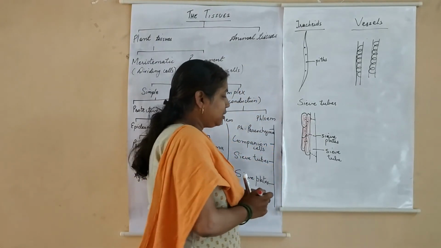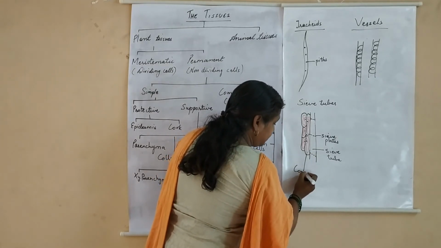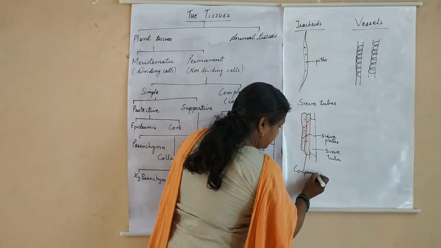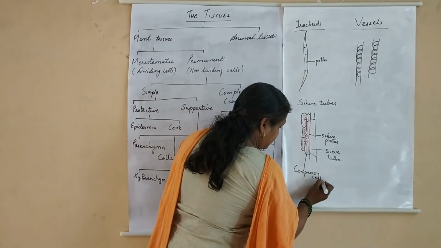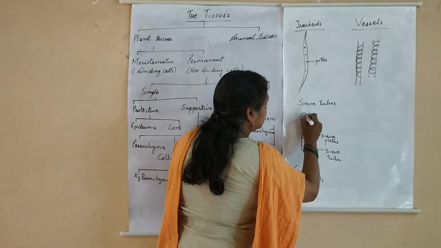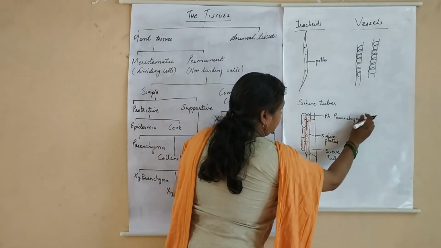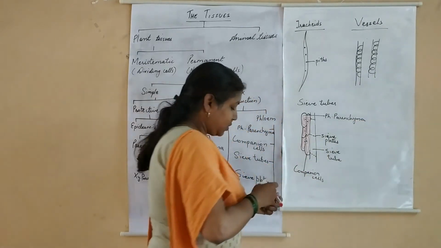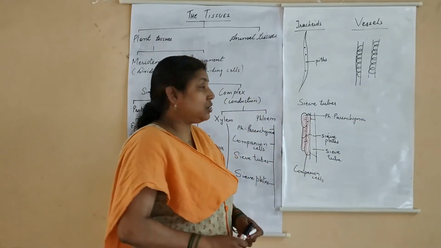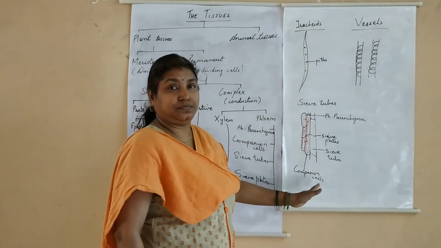So in this manner, you have companion cells and phloem parenchyma cells arranged around or adjacent to the sieve tubes.